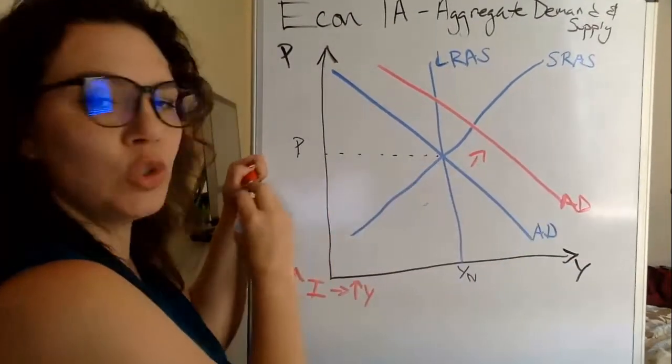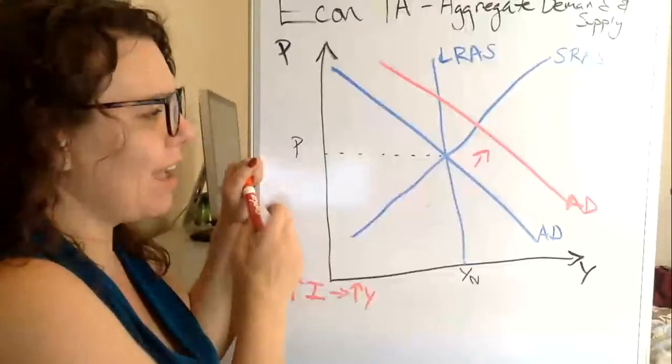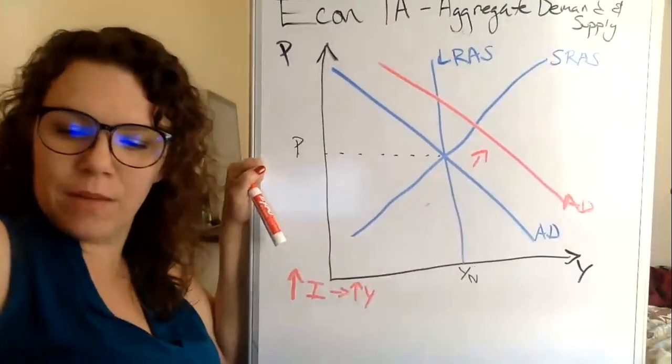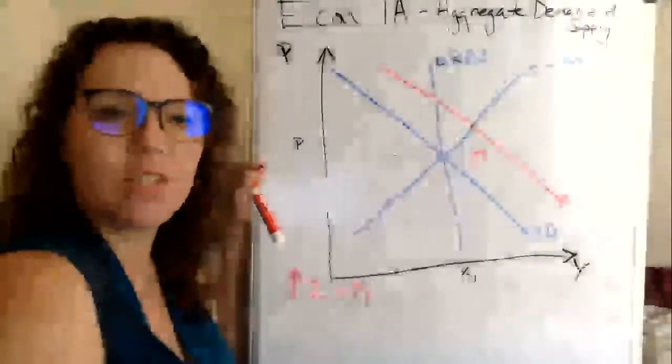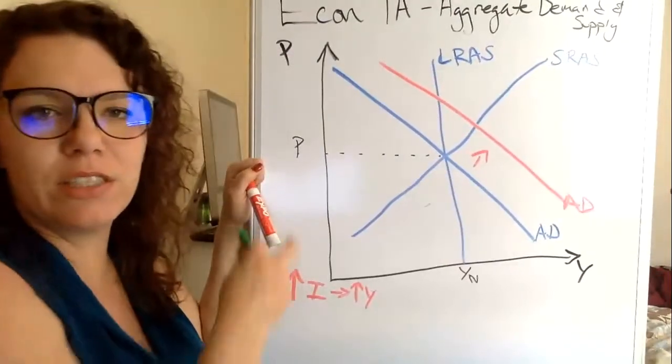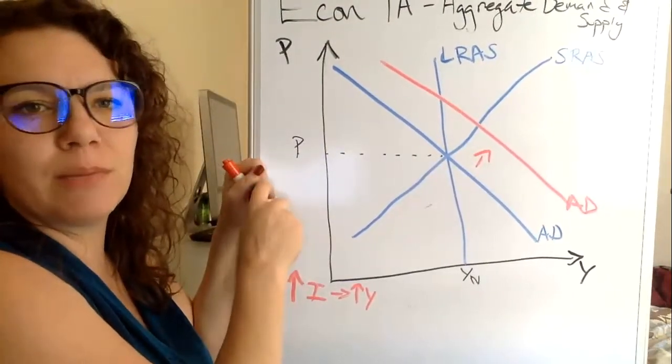So in the short run, that is going to have an effect on GDP because of one of these three theories: sticky wages, sticky prices, or misperception.